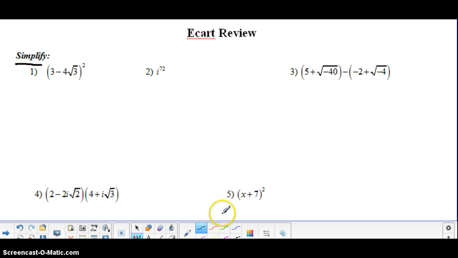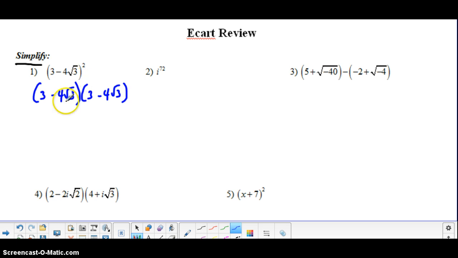I'm going to write whatever is in the base, a pretty long base, that many times. So I'll write down 3 minus 4 square root 3 times 3 minus 4 square root 3. By simplify, in this case, we have to start by looking at the exponent.